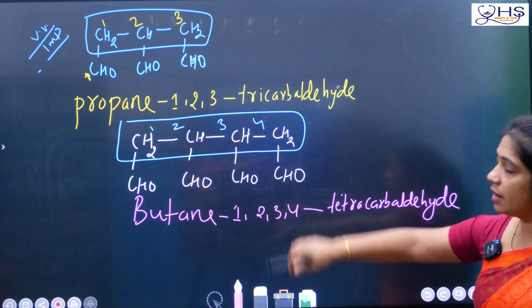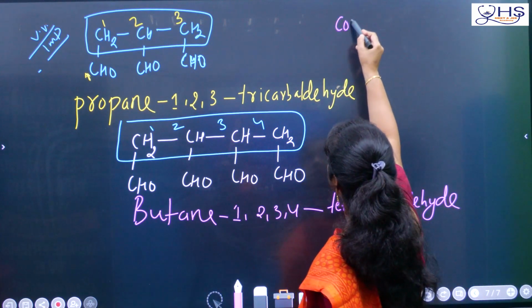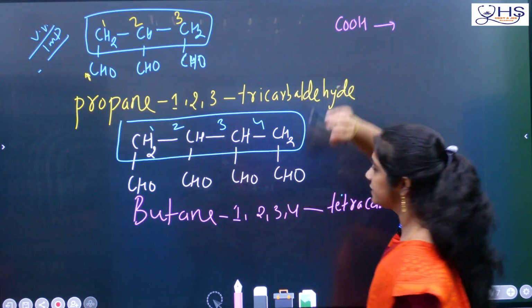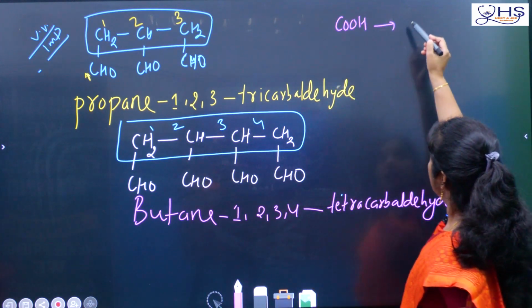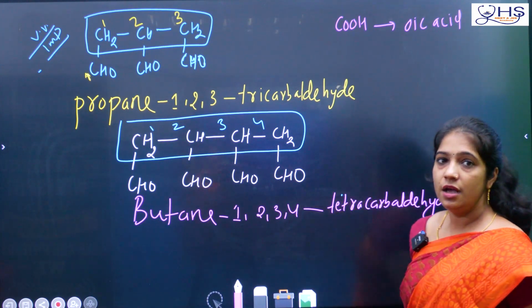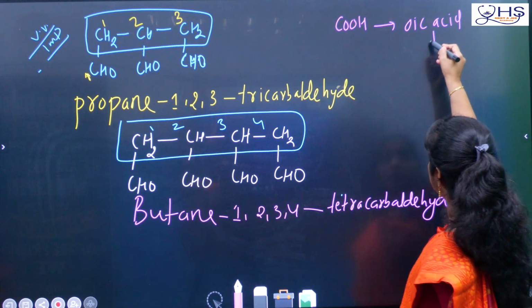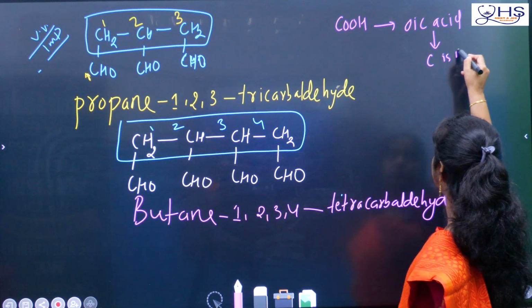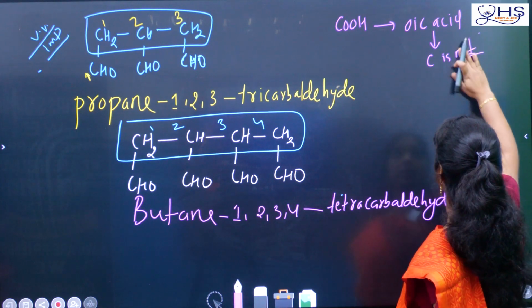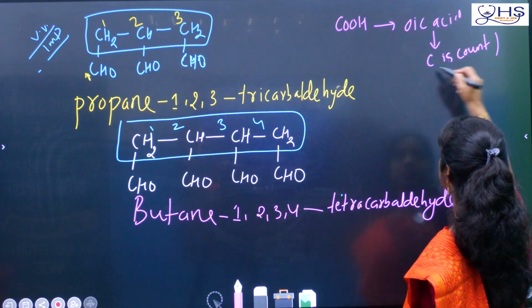Now, same thing you can apply for carboxylic acid also. What I said for aldehyde, I will cover here itself for carboxylic acid too, since it is the same chapter. For carboxylic acid, the normal suffix is oic acid. And if you use oic acid, the carbon of this COOH is counted.